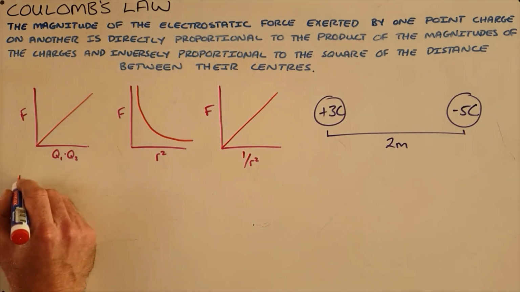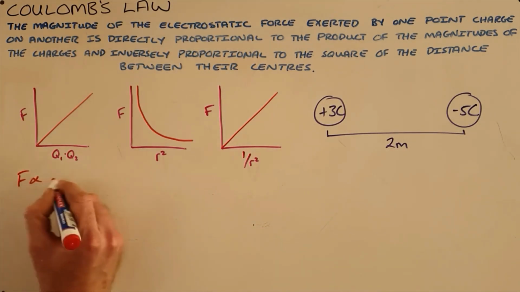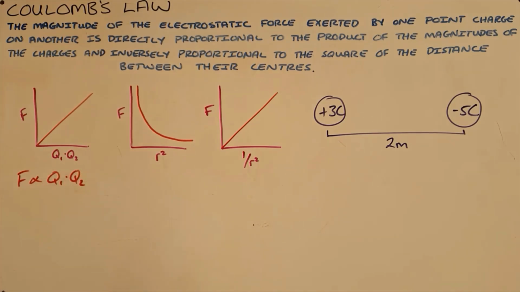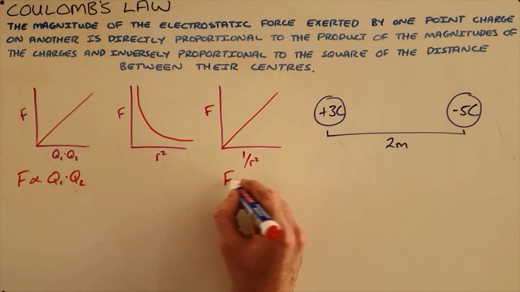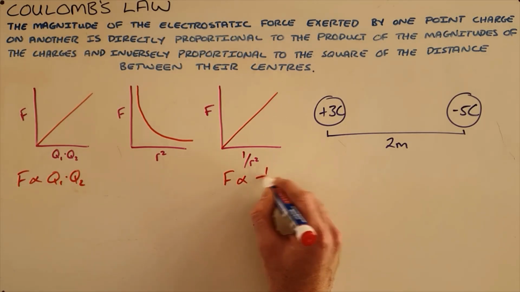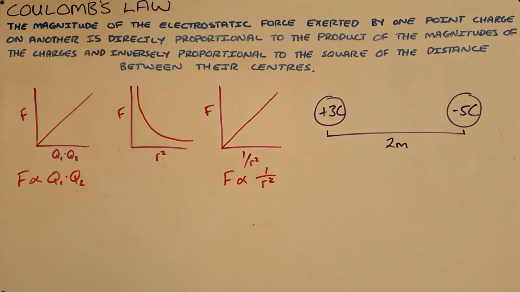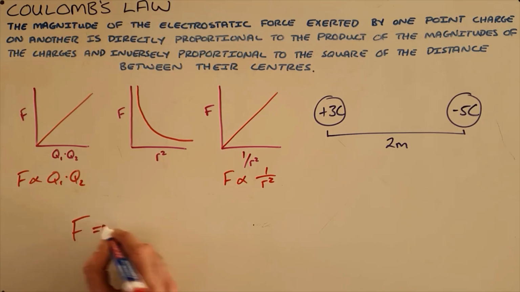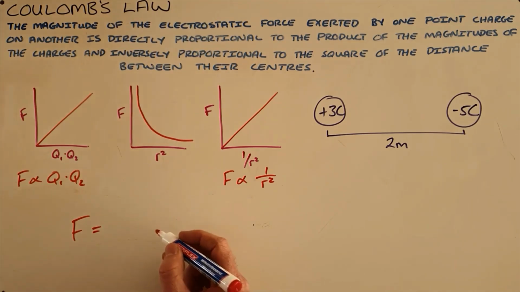These graphs can also be written as force is directly proportional to the product of the magnitude of the charges, and it is also directly proportional to the inverse square law, 1 over the distance between their centers squared. And in order to convert that into our Coulomb's law equation, all that we need to do is add a constant.